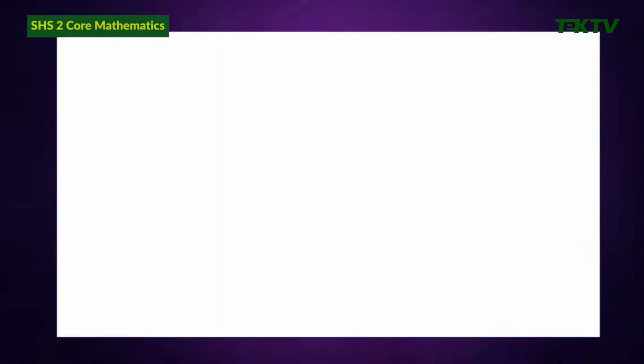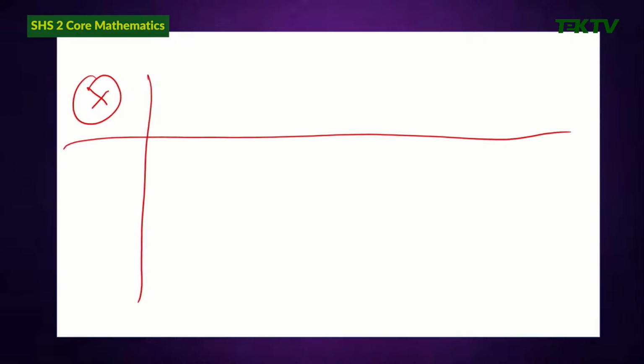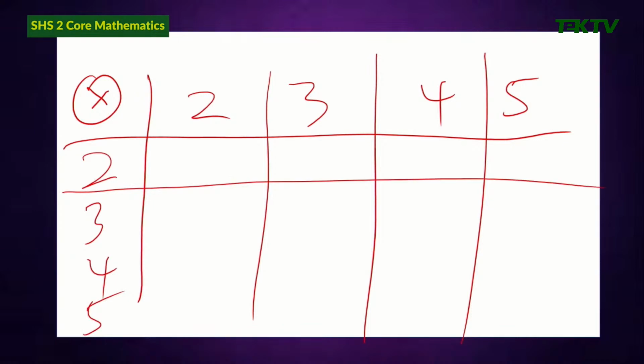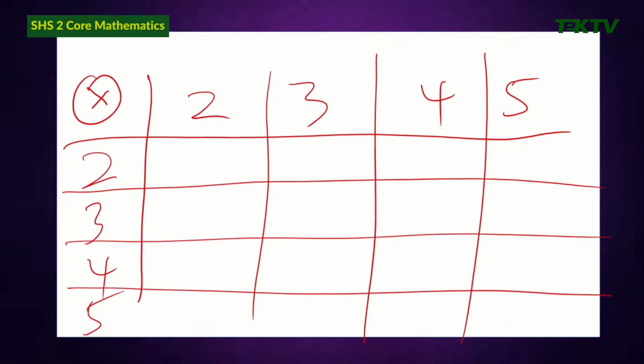Multiplication in mod 7. Here, the multiplication sign, we normally circle it. Mod 7, this time with selected elements 2, 3, 4, 5, 6, just as we did for the mod 5. 2 times 2, 4. 2 times 3, 6.